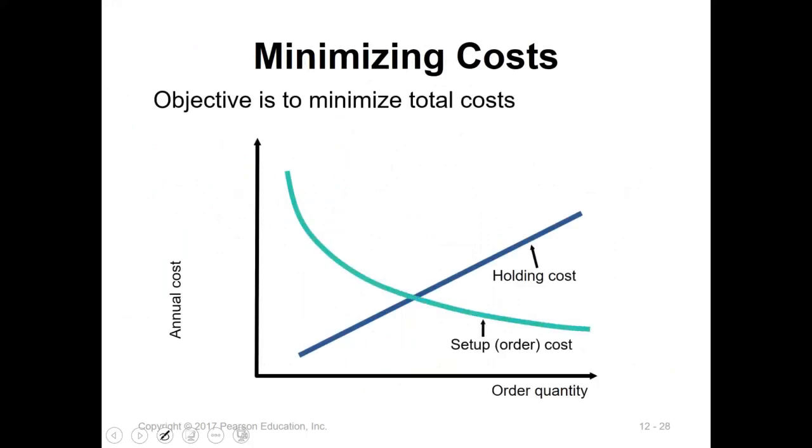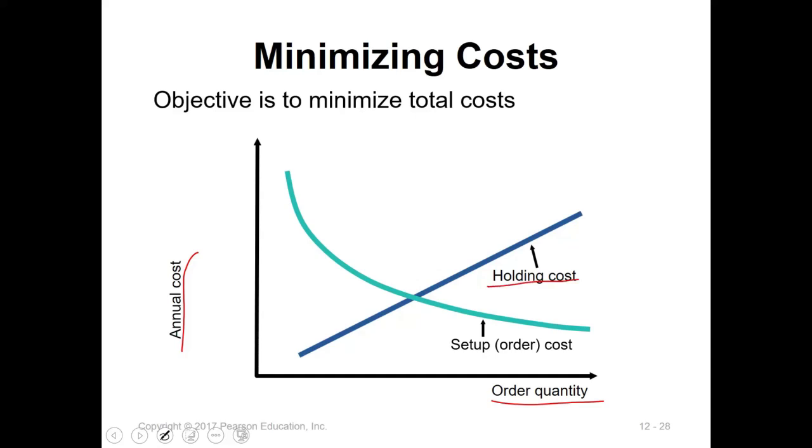So here, the y-axis is annual cost, and the horizontal axis is the order quantity. This line shows us there are two costs when we consider the inventory cost. One is the holding cost.